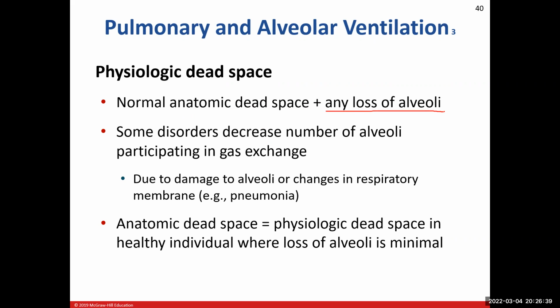Say you had suffered from some sort of respiratory disorder, an infection of some sort, for example, pneumonia, and we've damaged some of the alveoli from the pneumonia. Maybe you had COVID-19. Again, you damaged some of that epithelium there. And as a result, you are going to increase the physiological dead space because you've increased the loss of alveoli.